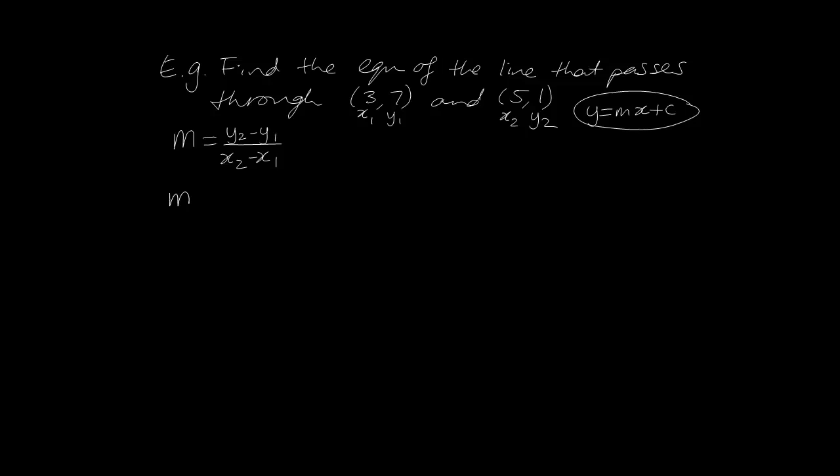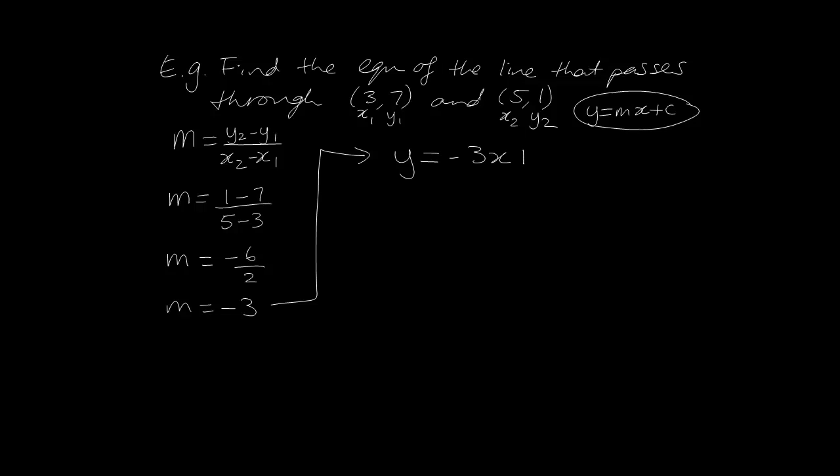So the gradient would be 1 minus 7 over 5 minus 3. So that's negative 6 over 2, or negative 3. So from here I can say my equation of the line must look like y equals negative 3x plus c. So I've now got the gradient for that equation of the line.